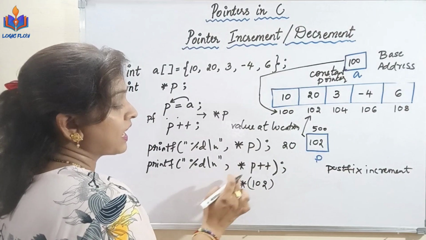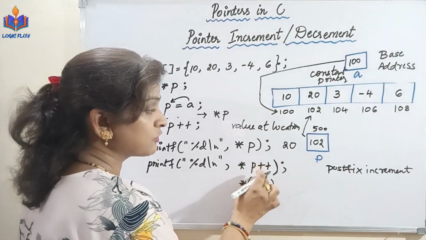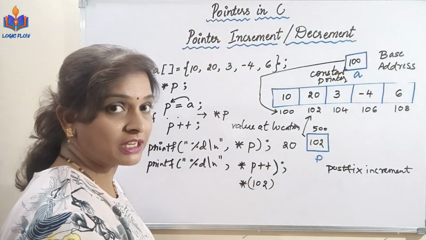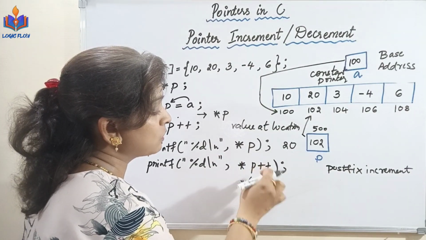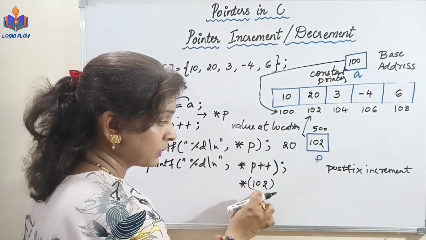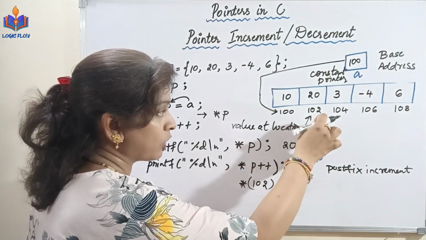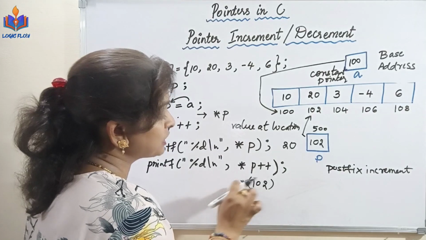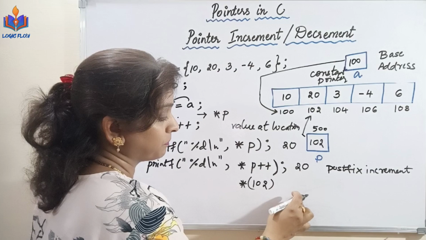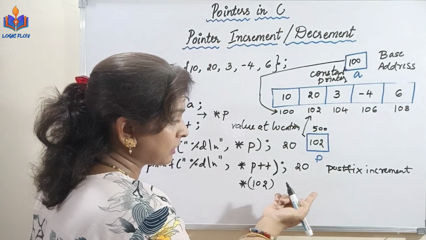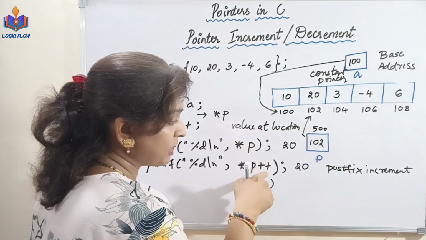Come to this point. Asterisk P plus plus, you have a postfix increment. Post says do the incrementation afterwards. So you take this pointer value. What is the pointer value? It is 102, right? So it is pointing to 102. Asterisk 102 means the value at this location. Again this line also prints 20. Then it will do the incrementation. After that, the incrementation will be done.